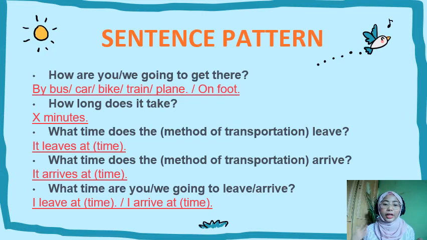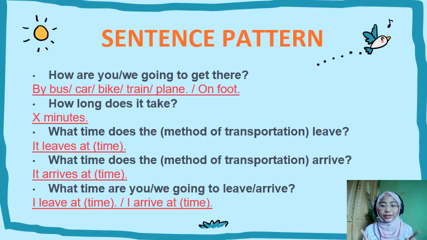So what time are you going to leave or arrive? I leave at 12 and I arrive at 3. Why did I say 3? It's because it will take around 1, 2, 3 hours to arrive at my destination. So you're a bit confused? No worries.